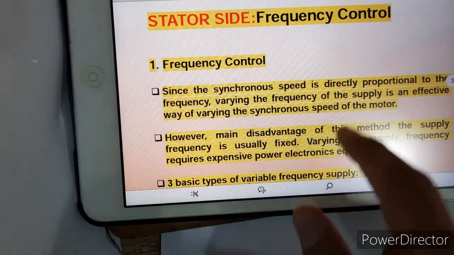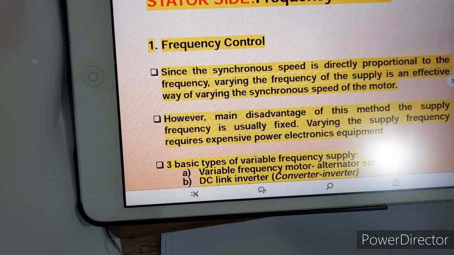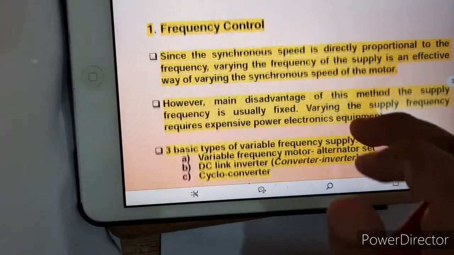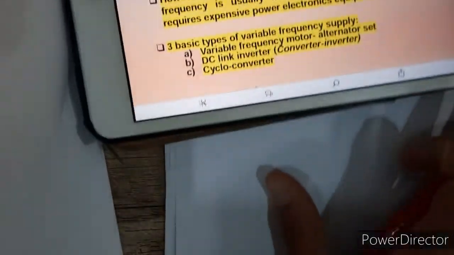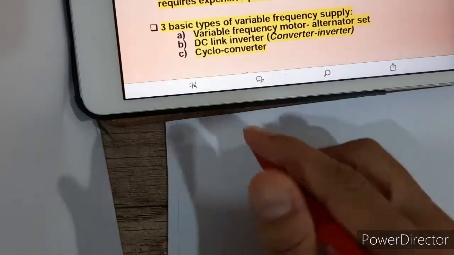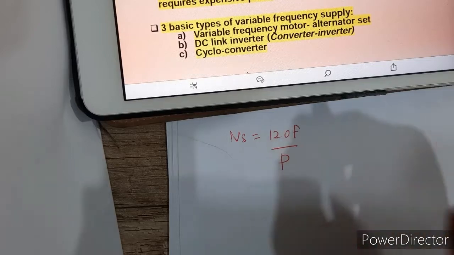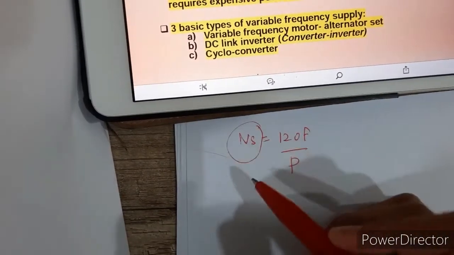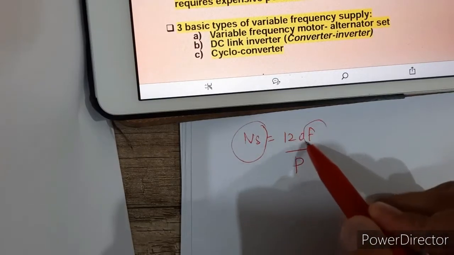So from the stator side, controlling the speed of an AC motor from the stator side is frequency control. Since the synchronous speed is directly proportional to the frequency, remember the equation: Ns equals 120 f over P. So the synchronous speed can be varied if we vary the frequency.